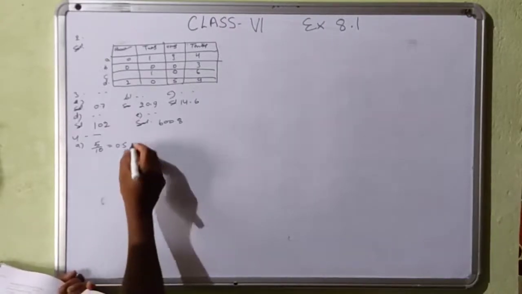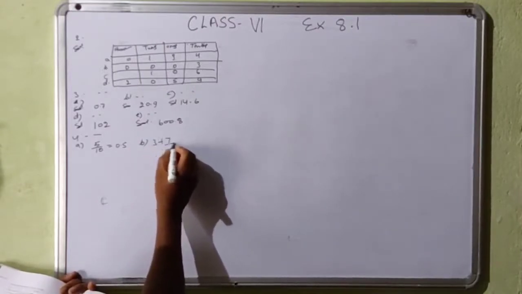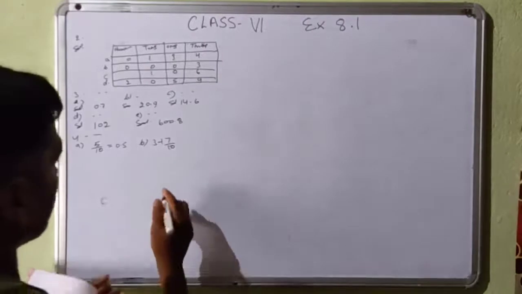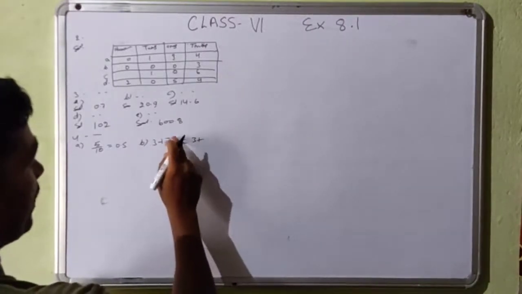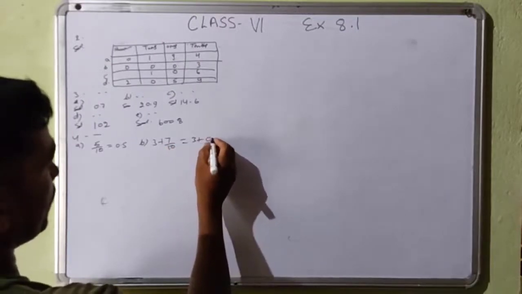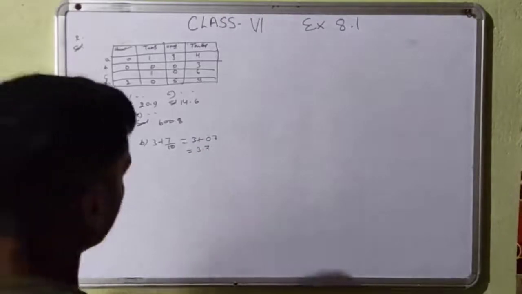Next part, B part, 3 plus 7 upon 10. So first of all, 3 plus you will divide 7 by 10. So that will become 0.7. So that will be 3.7.